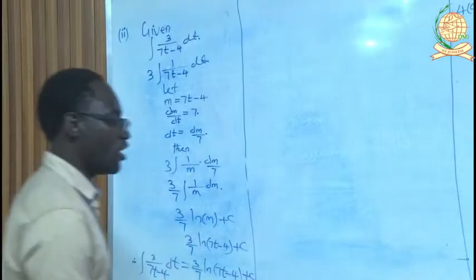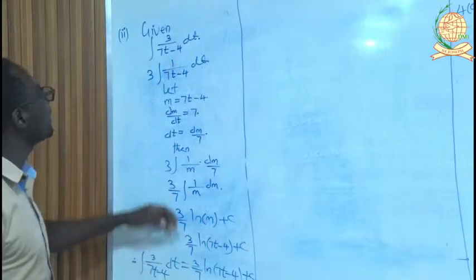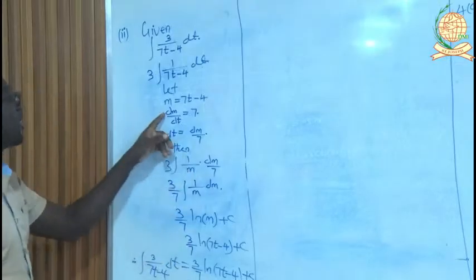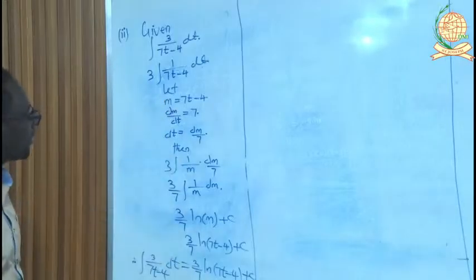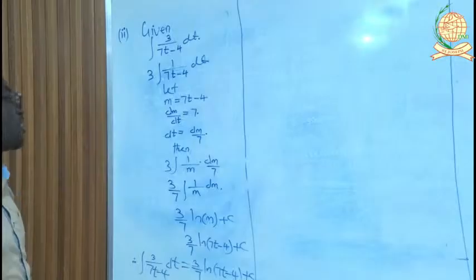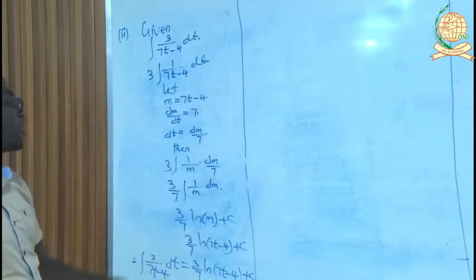So if we have a linear function in the denominator, you just let it as a certain letter, m equals 7t minus 4. Differentiate m with respect to t. dm/dt will be equal to 7. Make dt the subject. dt will be equal to dm over 7.